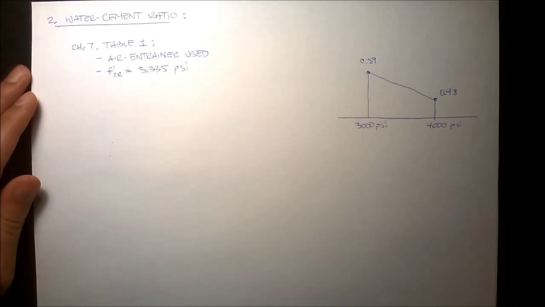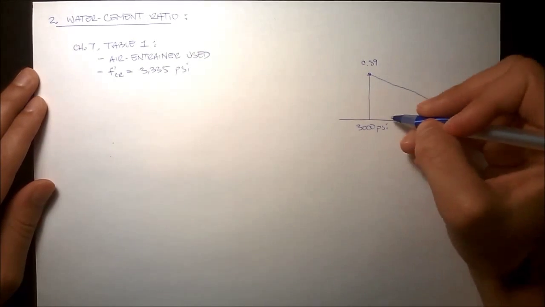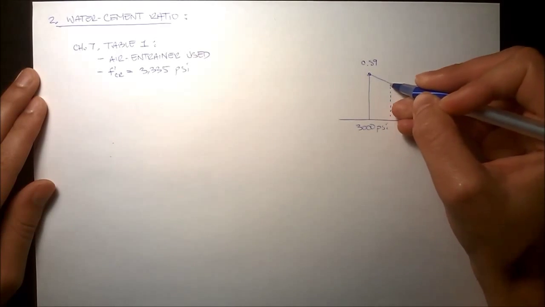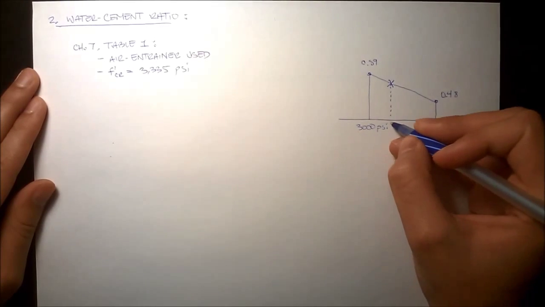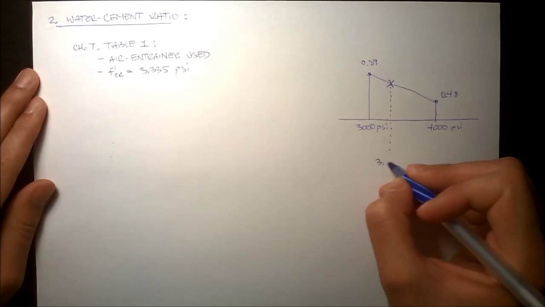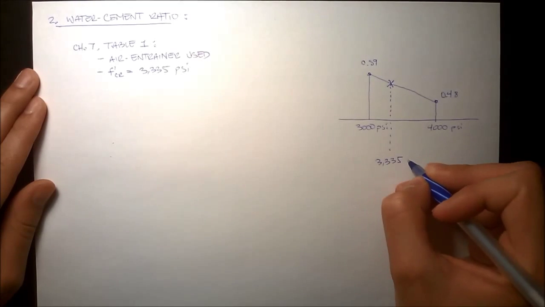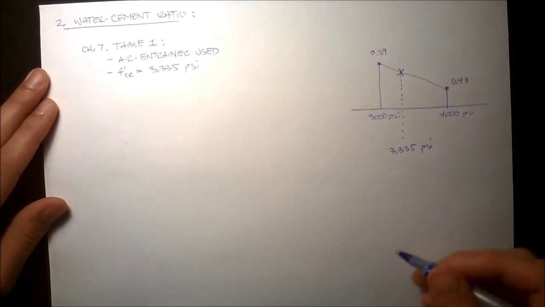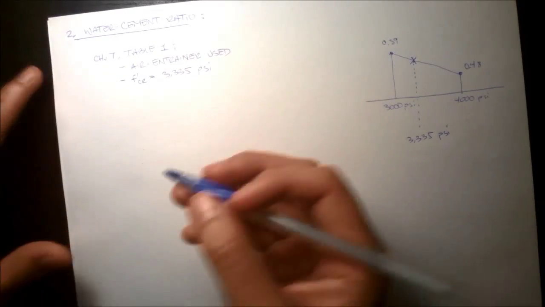So we're going to use basic interpolation to find what this value is at the strength we need. It's a basic slope formula.